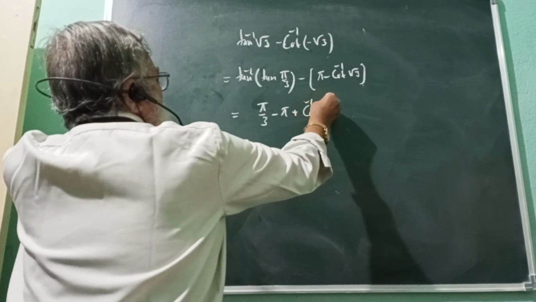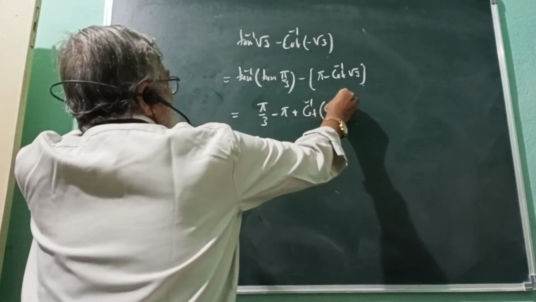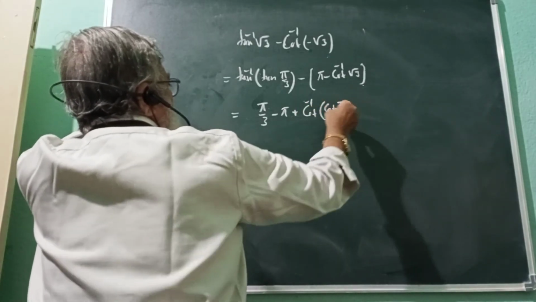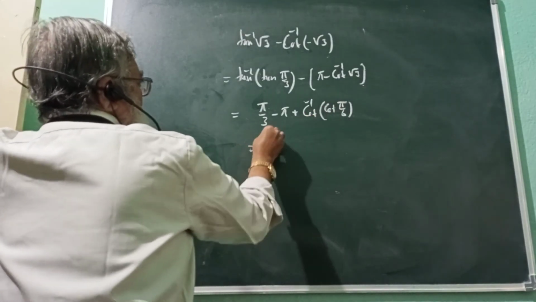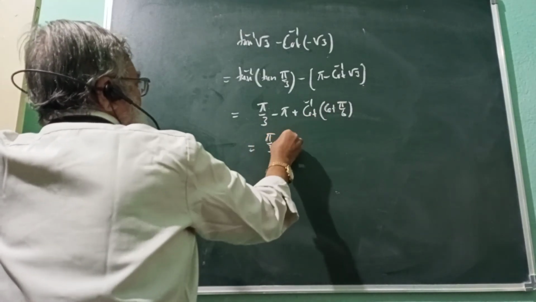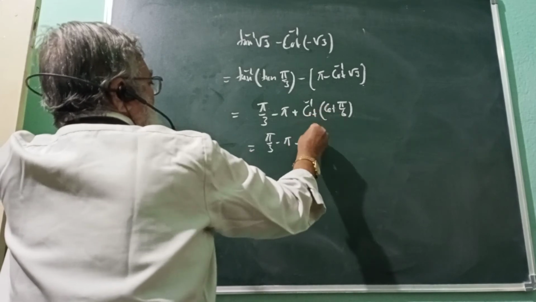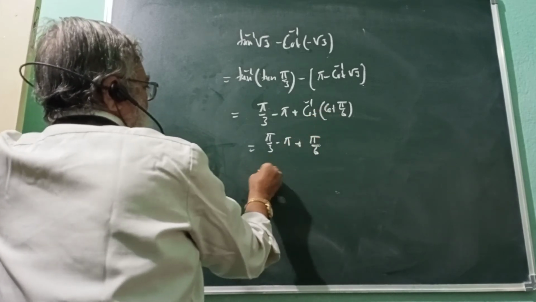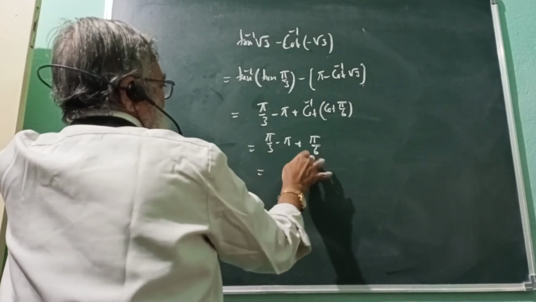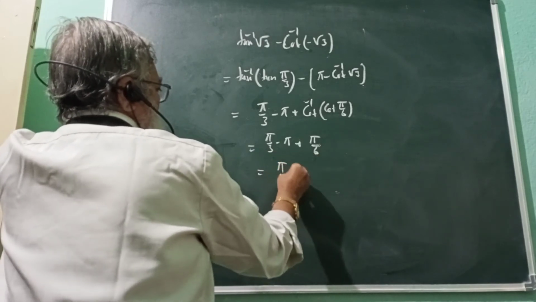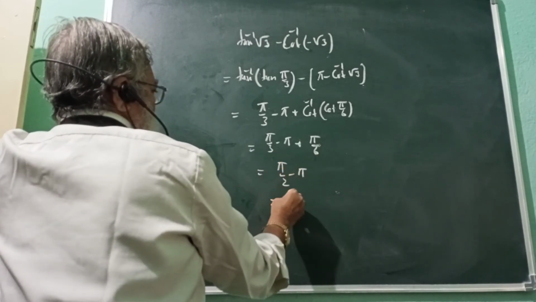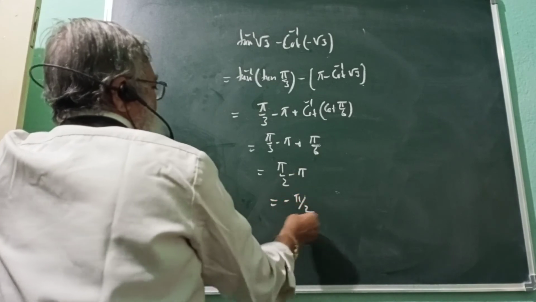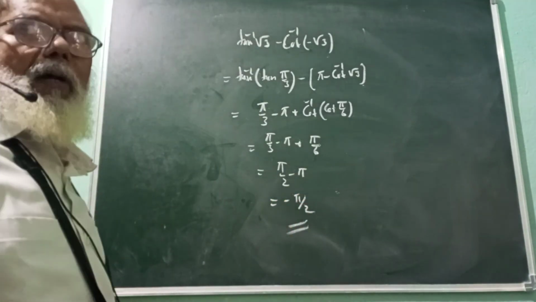Cot inverse root 3 can be written as cot pi by 6. That is pi by 3 minus pi, cot and cot inverse cancel each other, that is pi by 6. Therefore we have pi by 3 plus pi by 6 is pi by 2 minus pi, that is equal to minus pi by 2, the required answer for this problem.